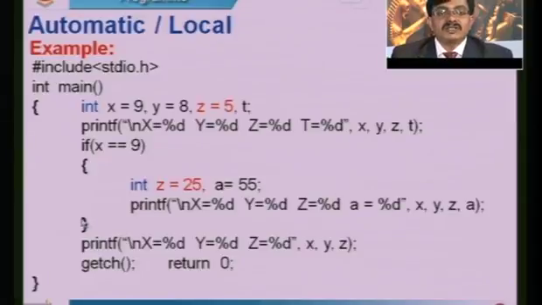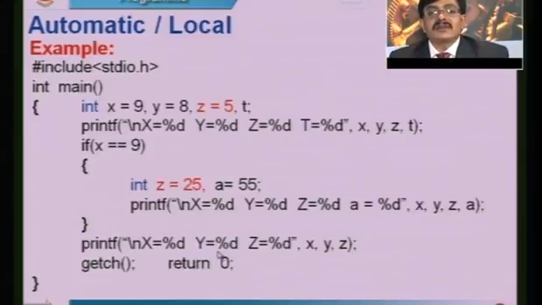Now, when I come out of this block, z will get the original value 5, because the life of the z that I declared locally within the if block has ended. Z and a will not have scope once I come out of this if block. So in this printf statement, if I try to print a, then a will not have any reference. That is what I mean.